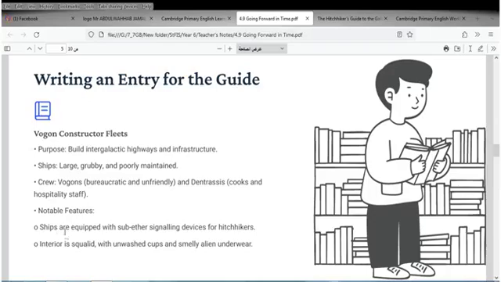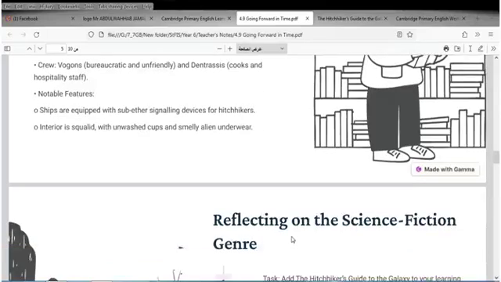Notable features: ships are equipped with sub-ether signaling devices for hitchhikers, while the interior is squalid with unwashed cups and smelly alien underwear, or clothes, let's say.